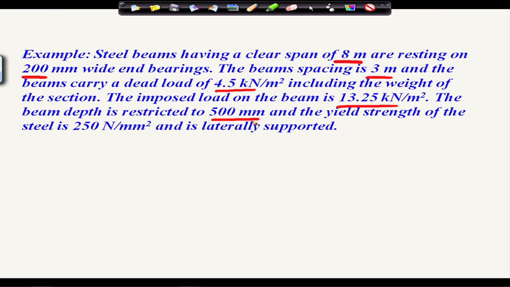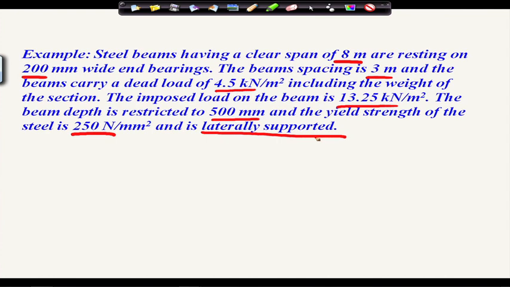So, we have to be restricted with this dimension, and the yield strength of the steel is 250 Newton per millimeter square and it is laterally supported. So, these are the given things through which we have to find out a section size.